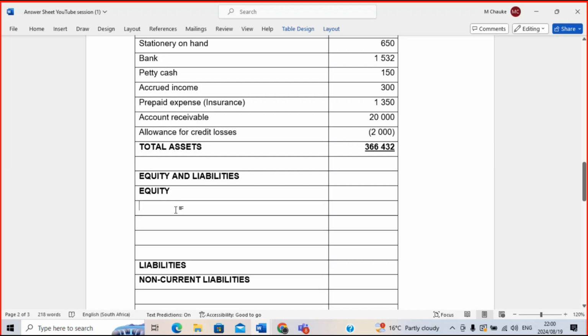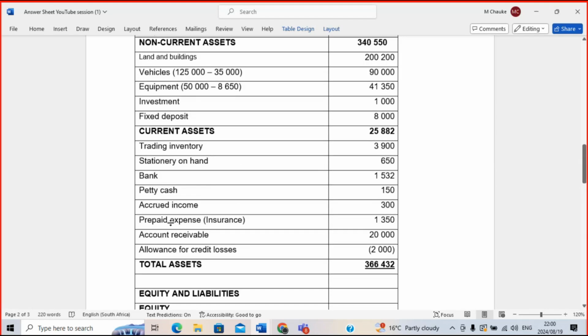And then our equity and liabilities. We start with the equity, right? So our equity, we only have three things. We've got capital. We have to add our profits from the statement of profit or loss and other comprehensive income.